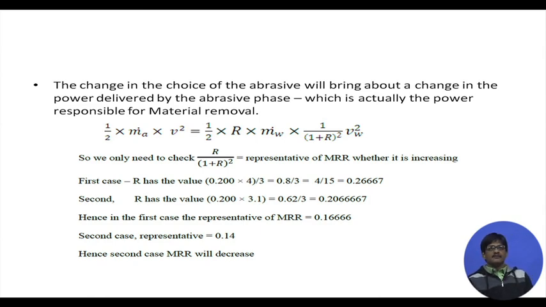So, we have calculated this term because it is easy to calculate, because all the other terms are constants, while R by 1 plus R whole square has to be calculated. So, R has a value of 0.2 into 4 by 3 in the first case, which is 0.26667, and in the second case it has 0.20667.